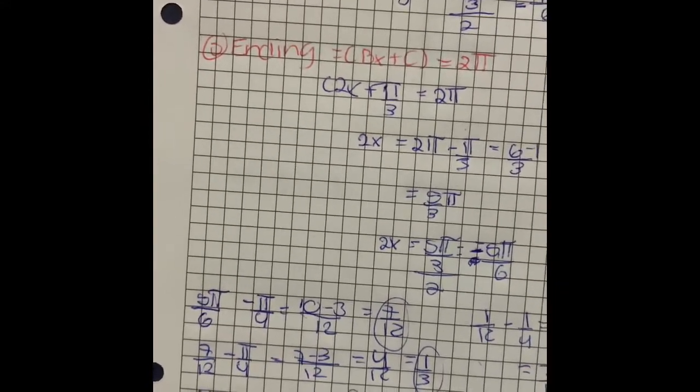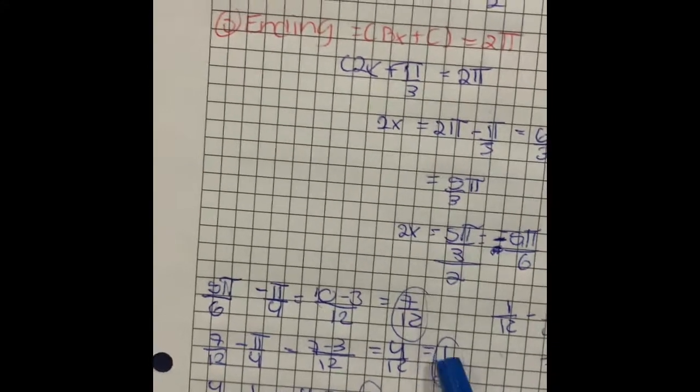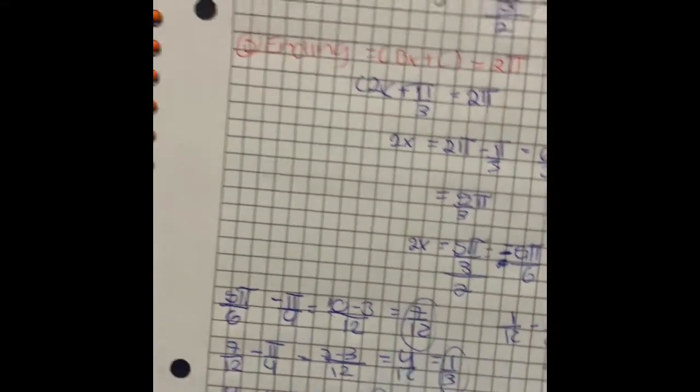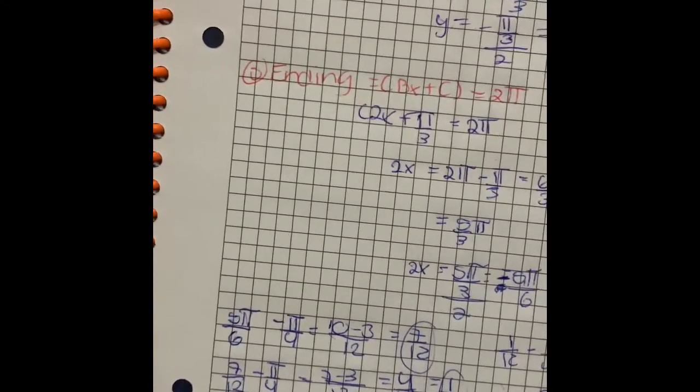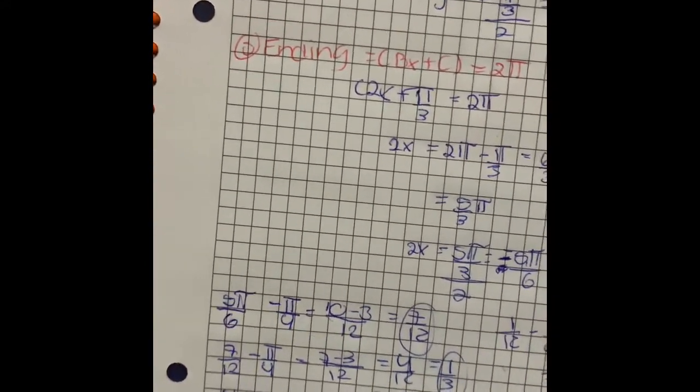We don't put 1/3 in here because this needs to be in twelfths, so we pass 4 twelfths in here.